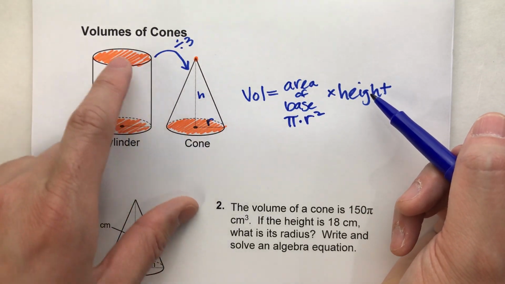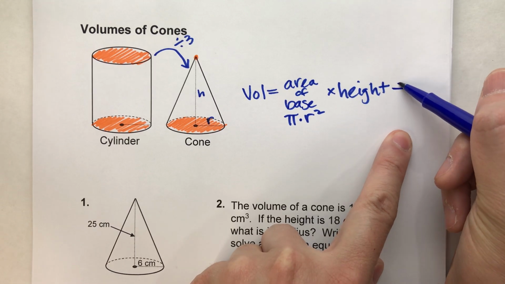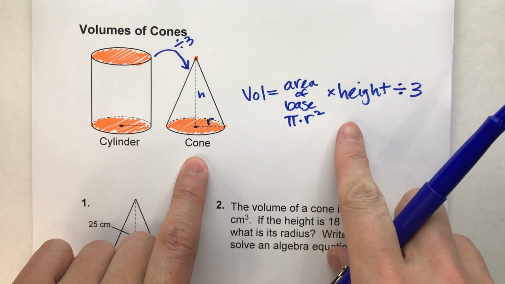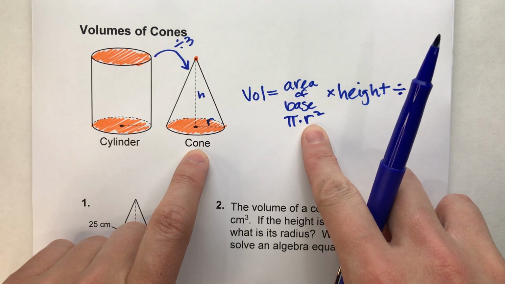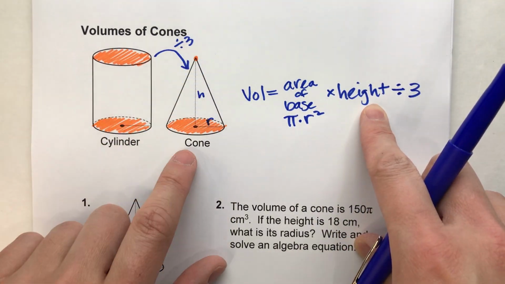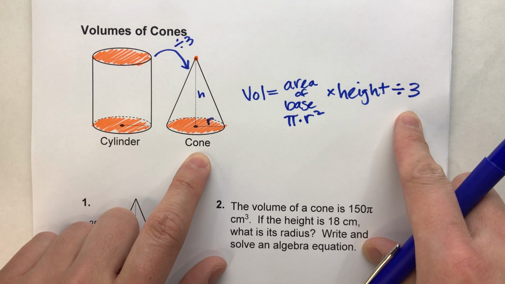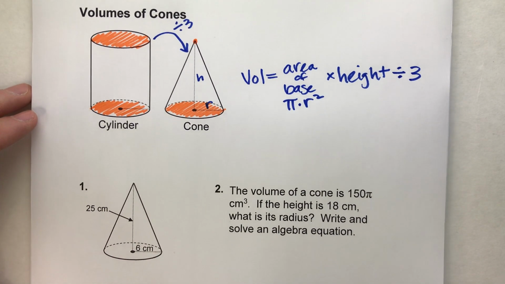And since the cone is just a third of that, we take this formula and stick on a divide by 3 at the end. So there is our cone volume. It's the area of the base, the circle, pi r squared, times the height. And then because it's a cone, we divide it by 3. Okay? So let's see some examples so you can see it in action here.